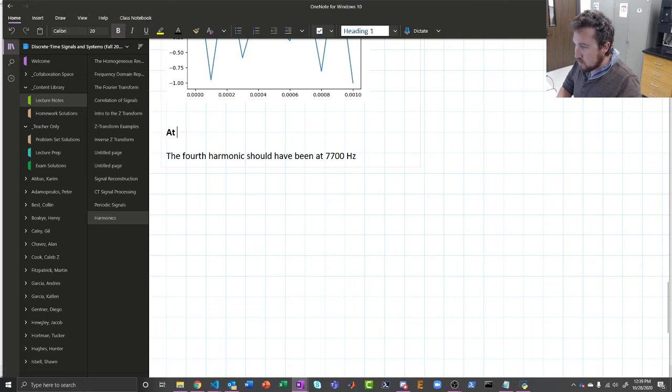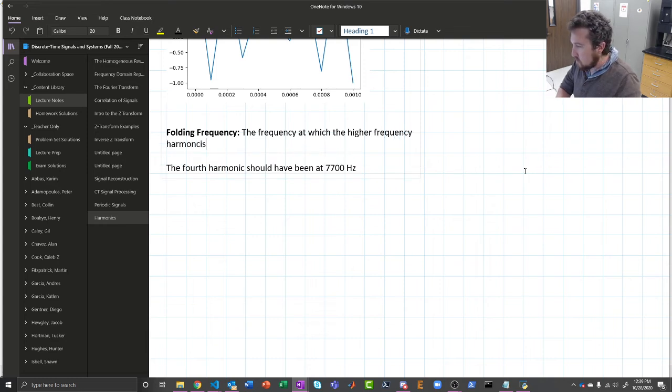So what we call the folding frequency, the frequency at which the higher frequency harmonics are folded back into the lower frequencies of the spectrum.